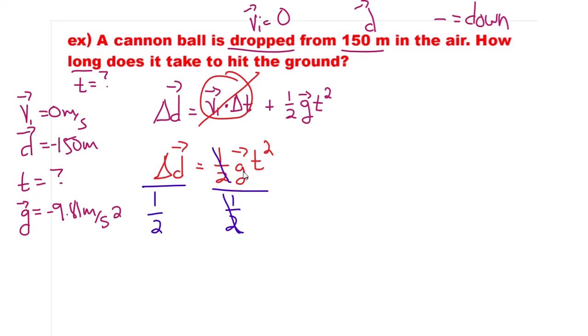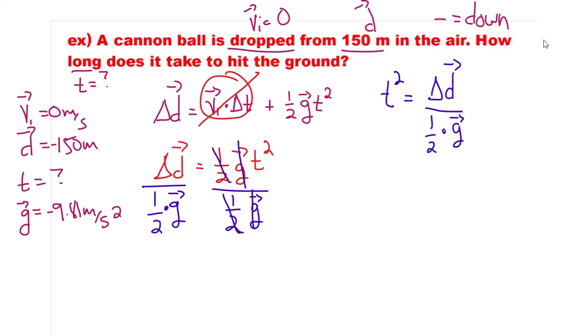Then I need to get the g to cancel also. So I want to divide by g over here and divide by g over here. Then these guys are going to cancel. Now let's rewrite what I have because this is getting a little confusing, and let's flip it around too. So my t squared is equal to delta d, change in displacement, divided by 1/2 times g.